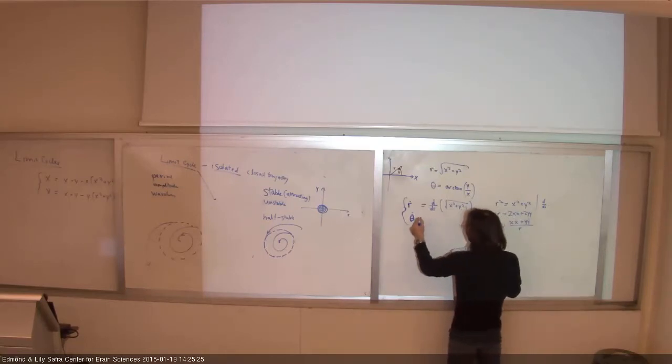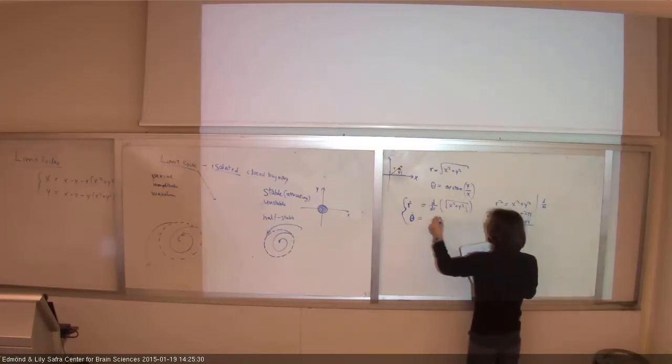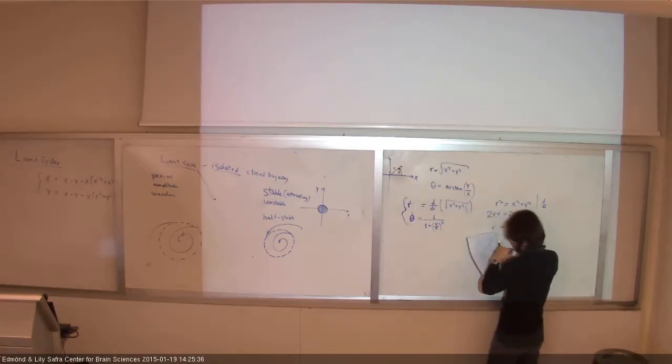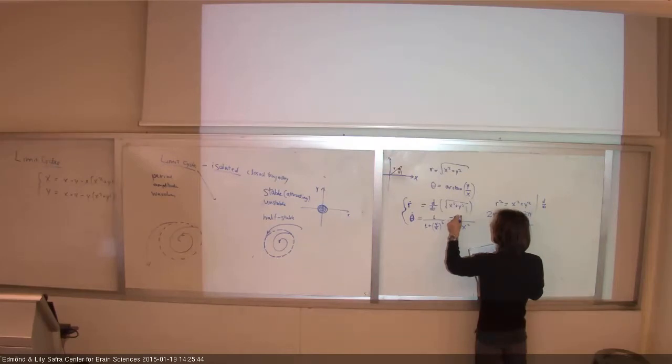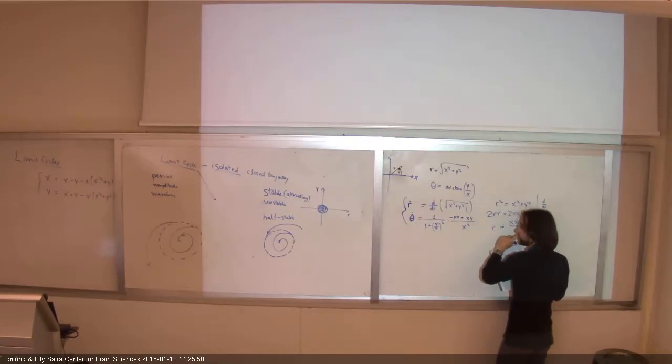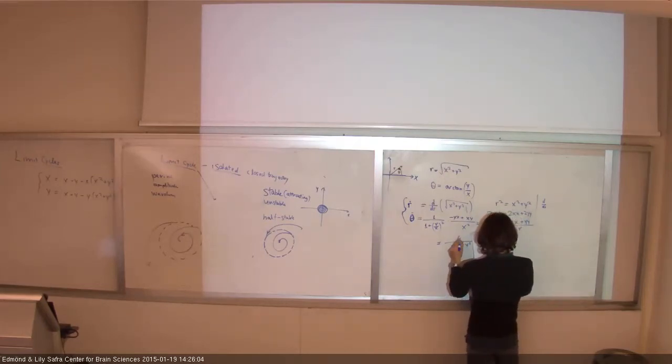Okay, theta dot. This is easier. 1 over 1 plus this squared, and then I need the inner derivative, and I have minus y x dot plus x y dot.